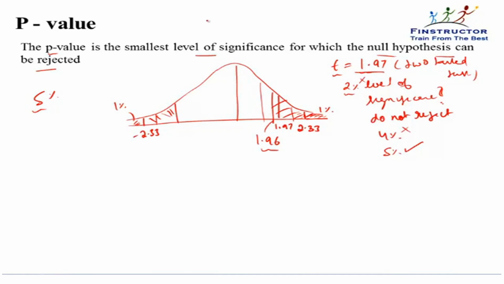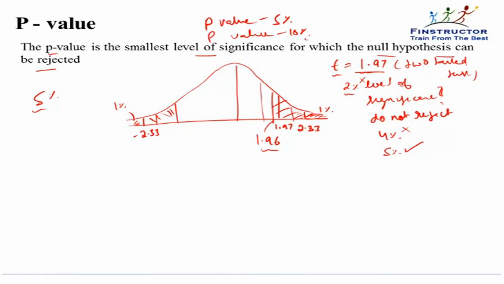In a question, if the p-value is given to be 5%, it implies that in this regression, the calculated test statistic is something like 1.97. That is, the minimum level of significance required to reject the null is 5%. If the p-value is given to be 10%, that means the minimum level of significance required to reject the null is 10%.